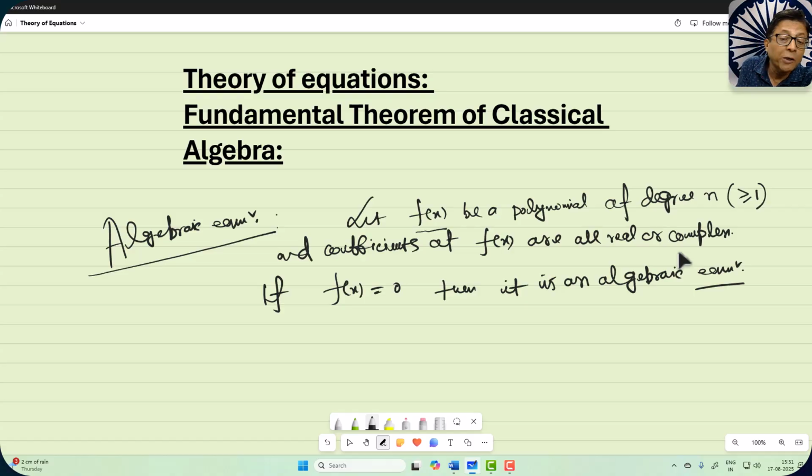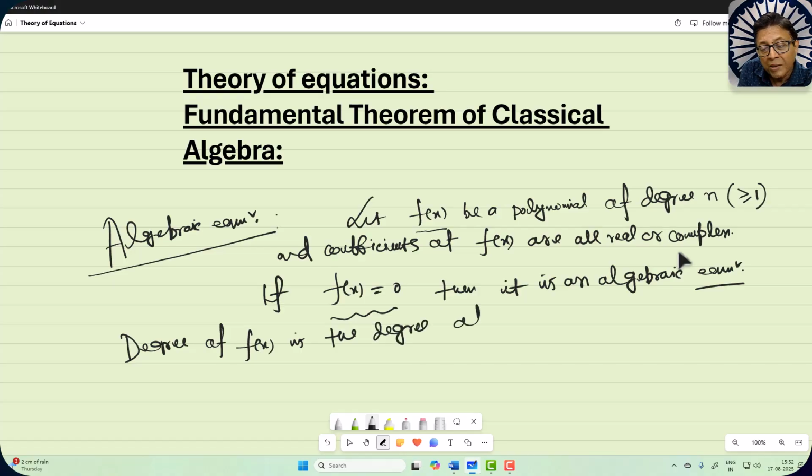So zeros of polynomial we have to find as roots of this equation. This is an equation, f(x) equal to 0. Now, degree of polynomial, degree of f(x), is the degree of the equation.